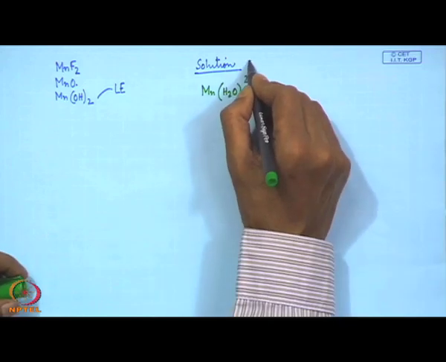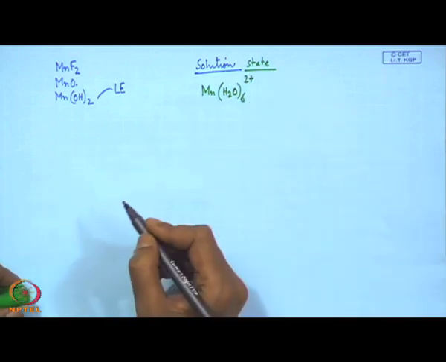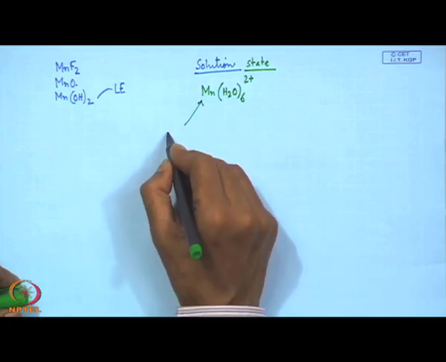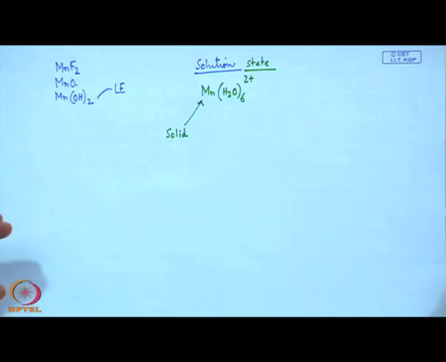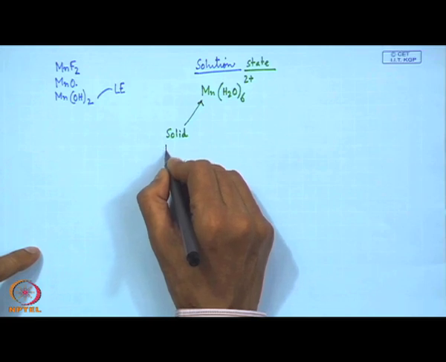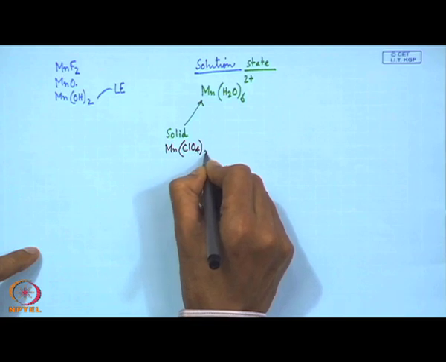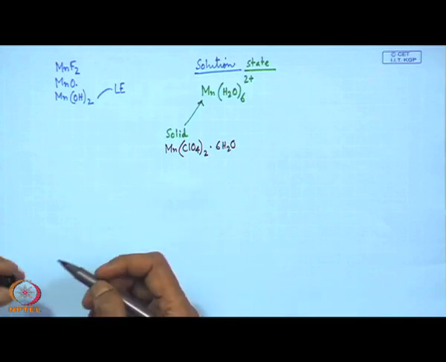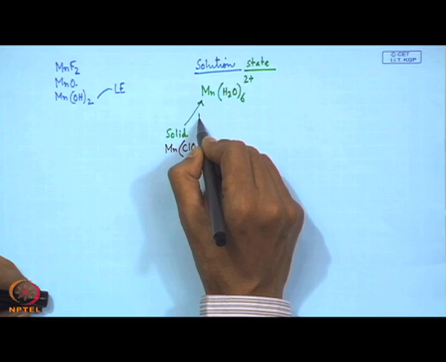So, in the solution state we get these interactions when we have, say, solid manganese chloride or manganese nitrate or manganese perchlorate in our hand. So, if we have manganese perchlorate with some water of crystallization, and this solid we are dissolving in water.